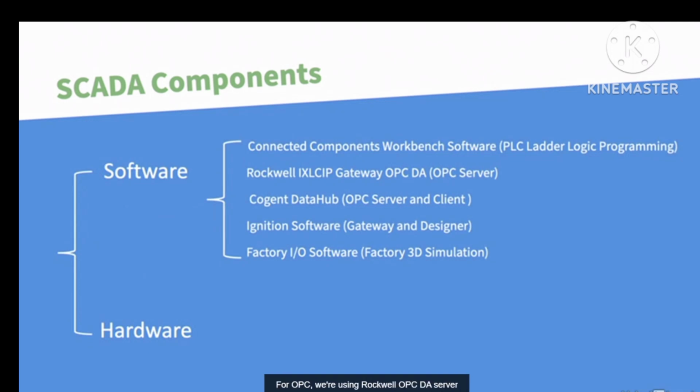For OPC, we're using Rockwell OPC DA server and Cogent Data Hub. For SCADA, Ignition software, using both Ignition Gateway and Designer. And finally, since we're using a simulation software to mimic the factory settings, the Factory I/O software is also part of the software components for our project.